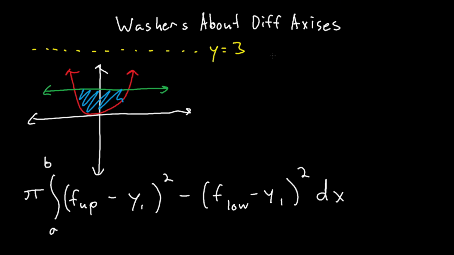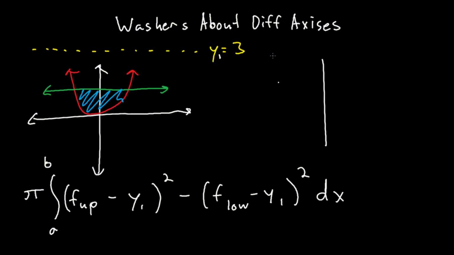And why does this work? Well, technically what's happening is if you have a function and you subtract some y value from every single point in the function, then this function is translated downwards by, in this case, 3, right? So if y1 is equal to 3 in this case, you move this function down 3 values.